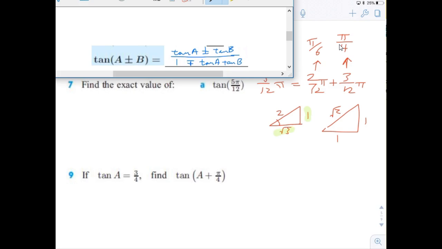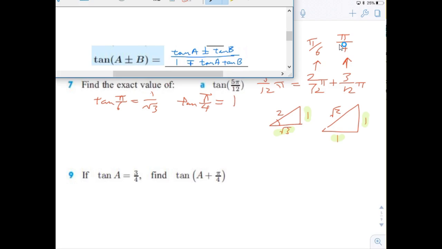And the tangent of 45 degrees, or pi over 4, will be 1 over 1. Okay? So I'm just going to write those here. The tangent of pi over 6 equals 1 over square root of 3, and the tangent of pi over 4 is equal to 1.